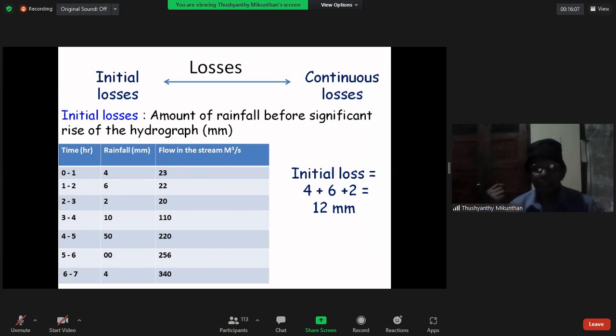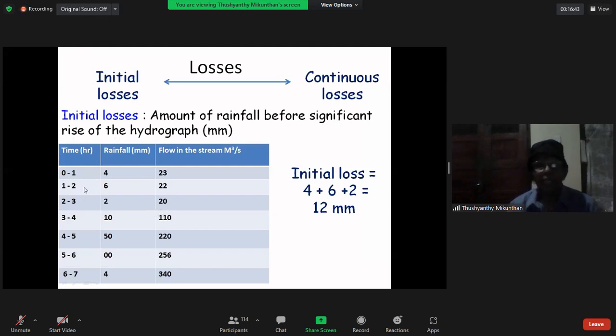What is the definition for hydrograph? It's a continuous graph showing the property of the channel with respect to time. Okay, all the definitions you should write carefully, because every word is important in the definition of this hydrograph. The initial loss: amount of rainfall before significant rise of the hydrograph.